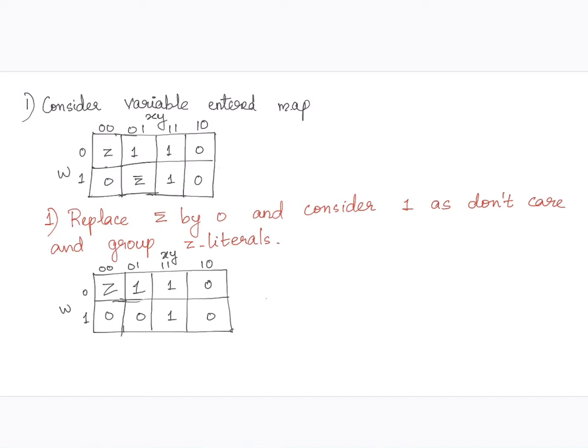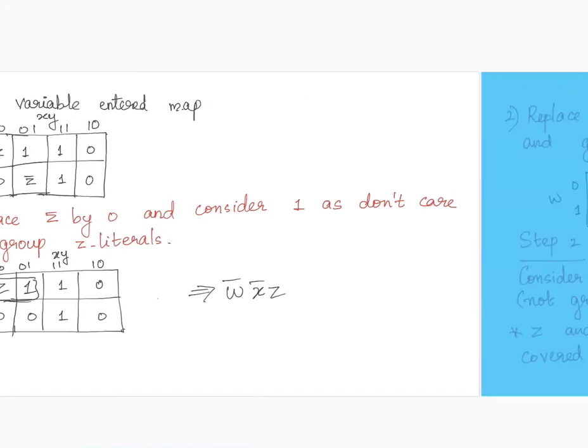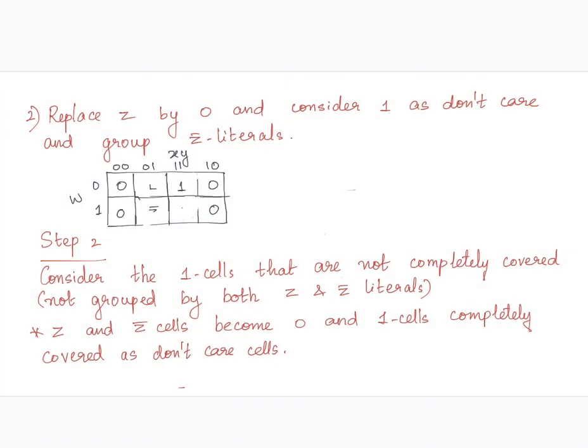Then these variables should be grouped, in the same way as the grouping is done in a K map. So Z can be grouped with 1. This is the only possible combination, and the minterm corresponding to this will be W bar X bar Z.